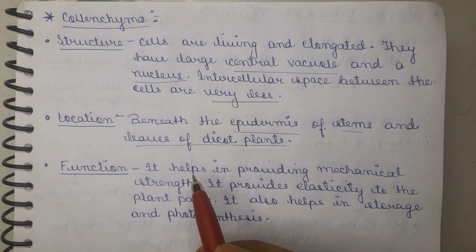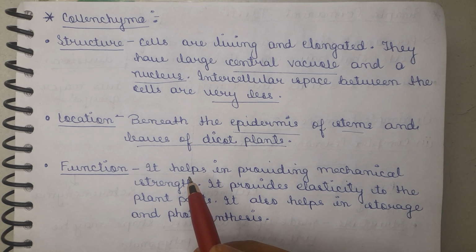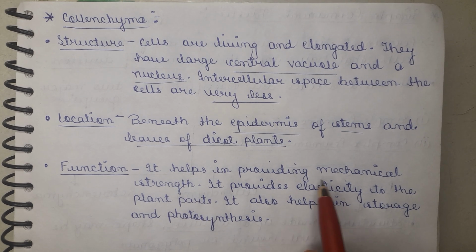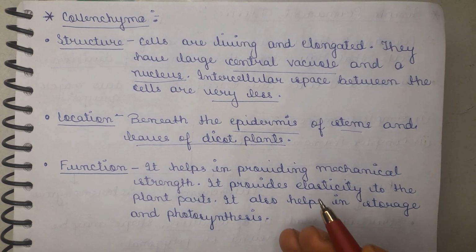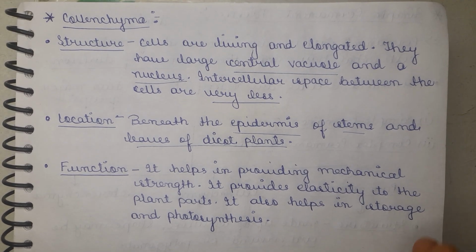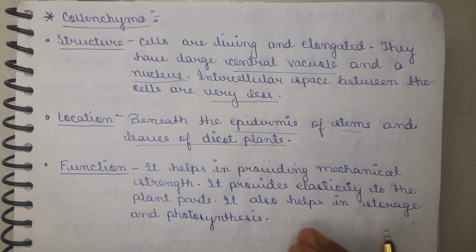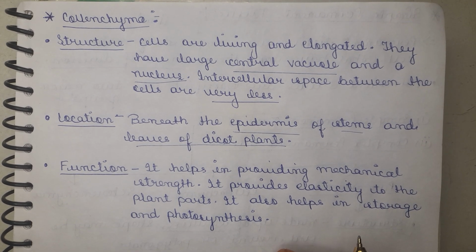Now we will talk about the function of collenchyma. The first function is that the tissue is very flexible, thus it helps in providing mechanical support to the parts of the plant where it is located, and it also provides elasticity to the plant parts by allowing them to bend easily without detaching from the main plant body.